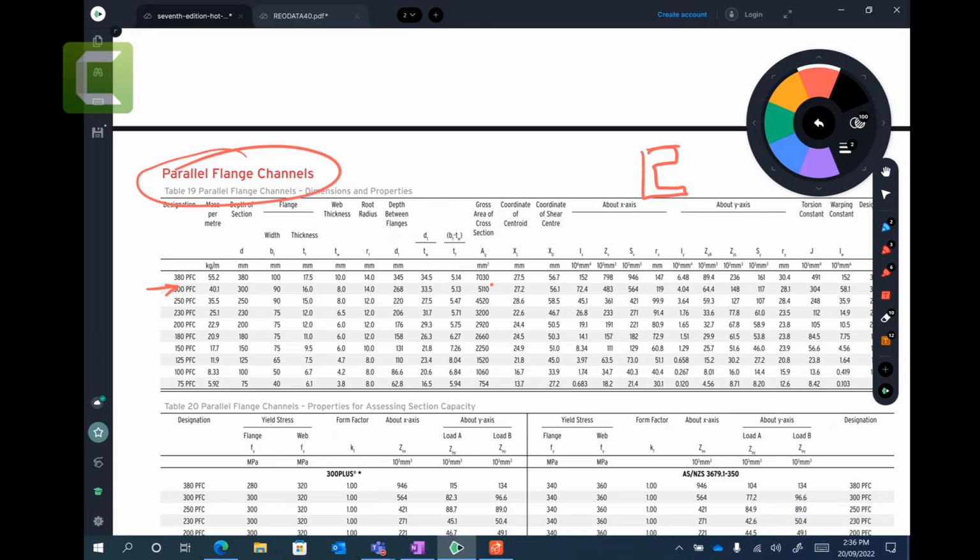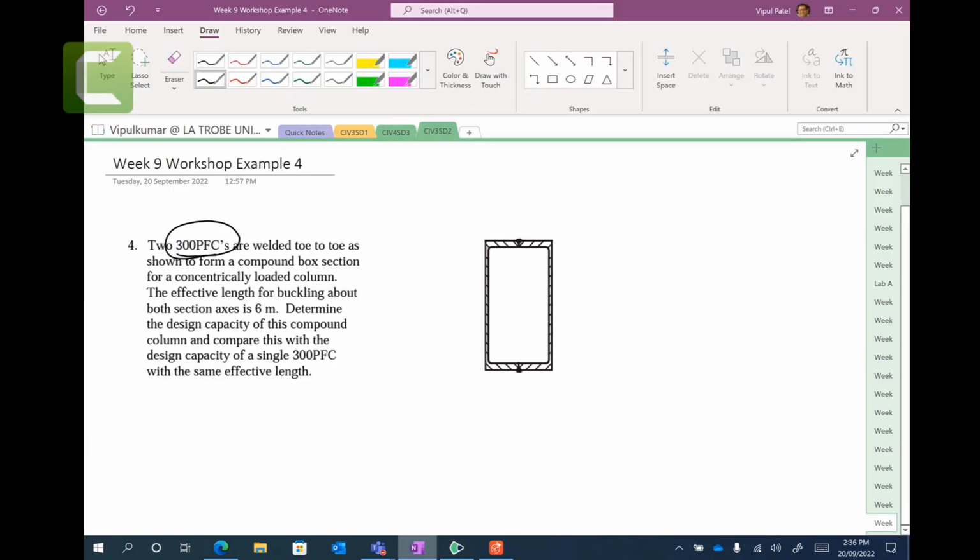Right. Now here they say that we need a toe-to-toe compound box and concentrically loaded columns. Effective length of the buckling about both is 6 meters. So we will take the smaller radius of gyration straight away. Determine the design capacity of the compound column, and compare with the design capacity of a single PFC for the same effective length.